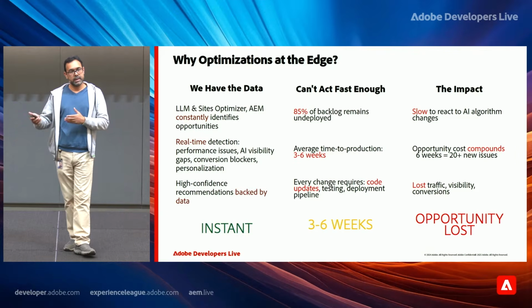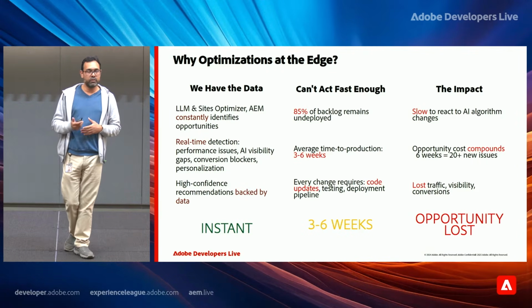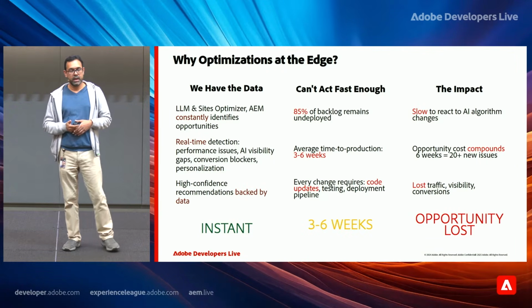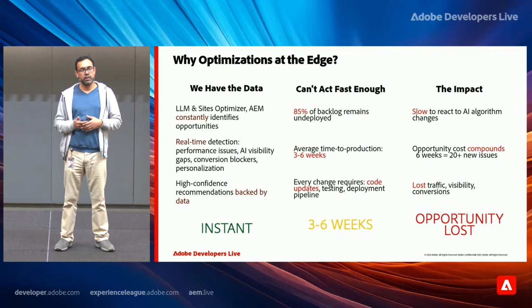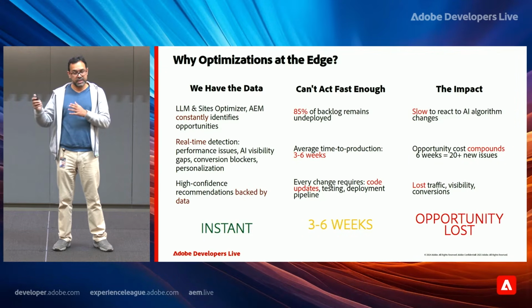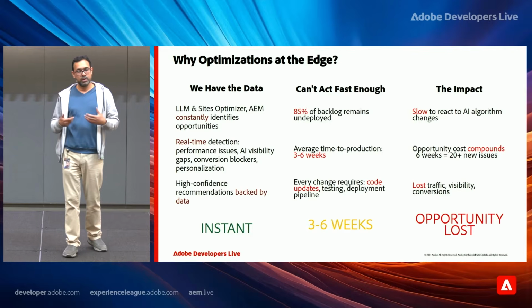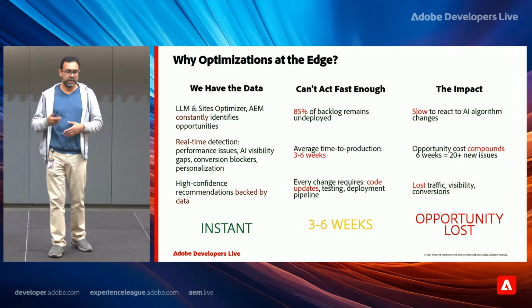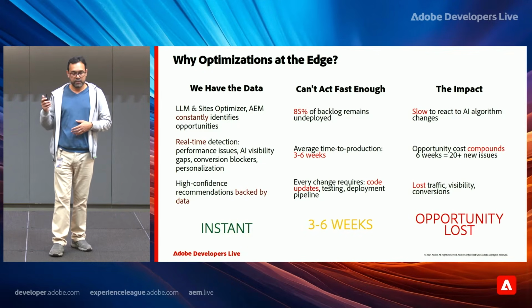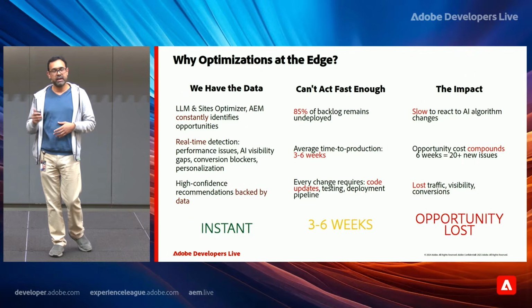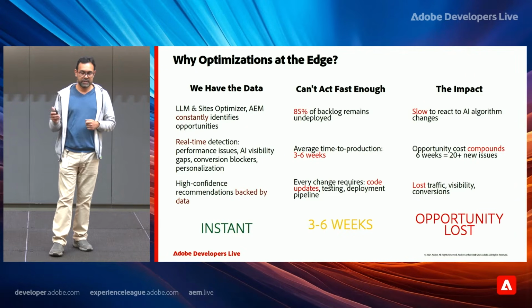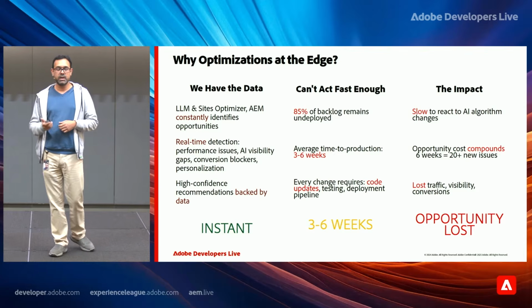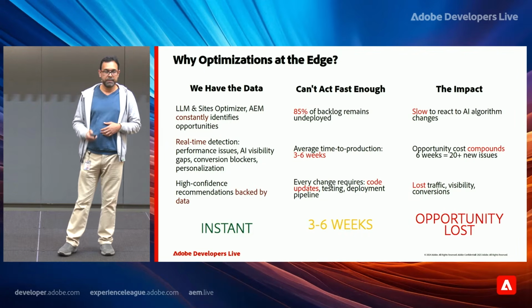On the other side, AI models evolve fast, algorithms shift quickly, but we move very slowly. In those 6 weeks, we add 20 more issues to the backlog, so it gets compounded. And while we wait, we lose visibility and traffic, and the result is opportunities get missed. That's the problem we'll try to solve today.